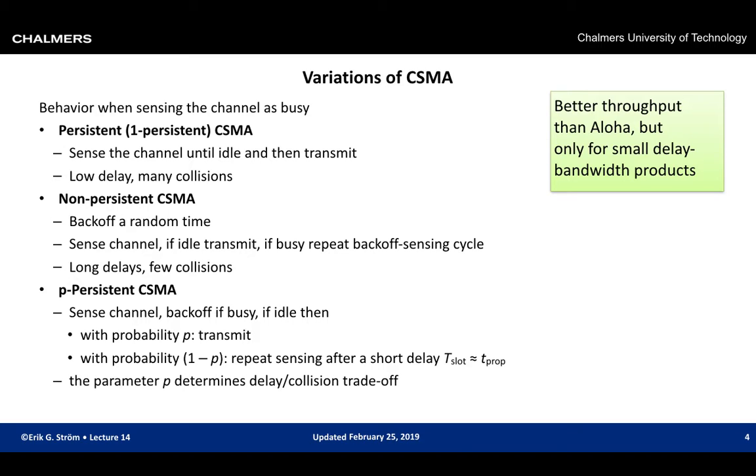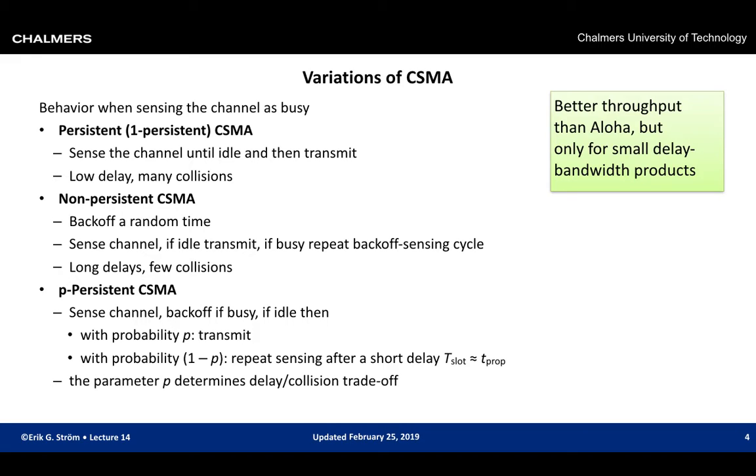So it's a more polite, less aggressive method. We back off a random time. We sense the channel. If idle, transmit. If busy, we repeat this back-off sensing cycle. And here we spread out the sensing: if many stations at the same time sense the channel and find it busy, then the next sensing times for these stations are randomized in time.